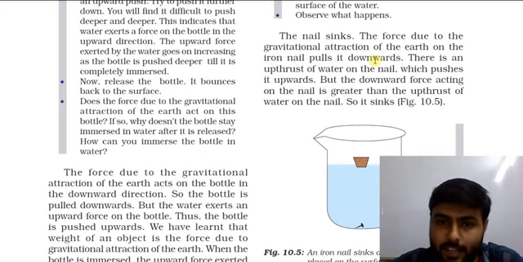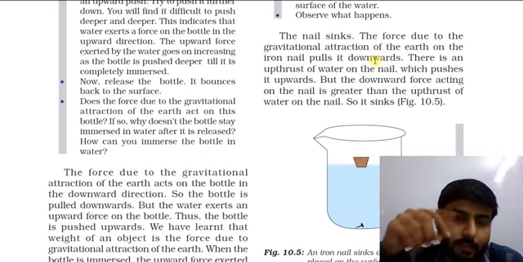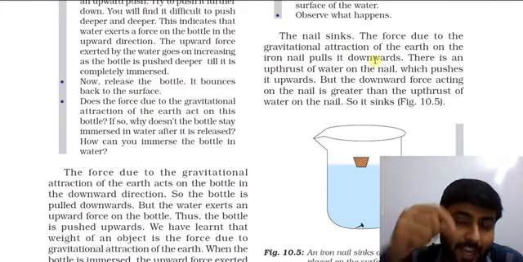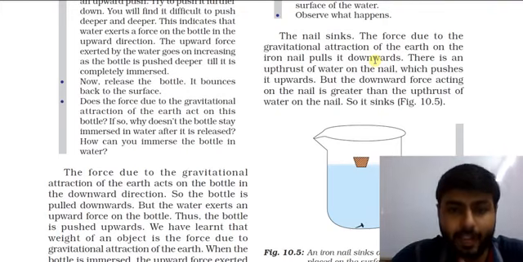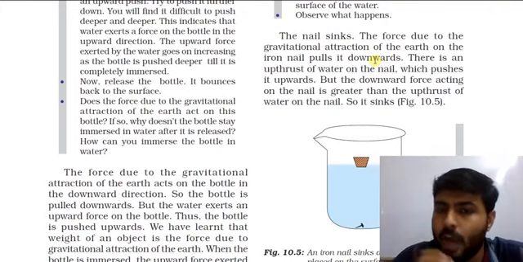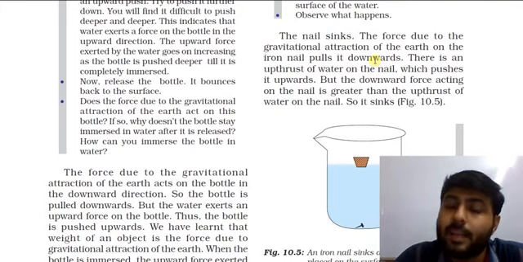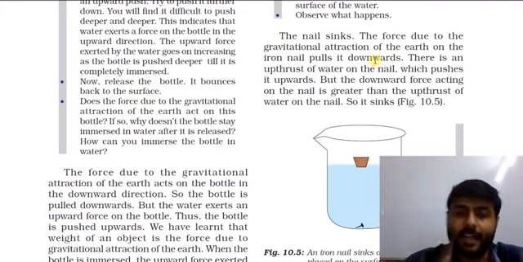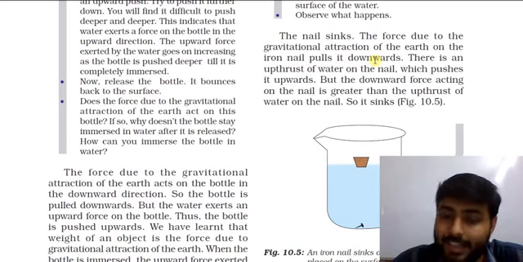The nail moves downward. It means that the downward force has more magnitude compared to the upward force. Then and only then can the nail move downward. If there were any force more than the gravitational force applied by earth on the nail, it would move in the other direction. But the nail sinks because the gravitational force of earth is higher than the other force.